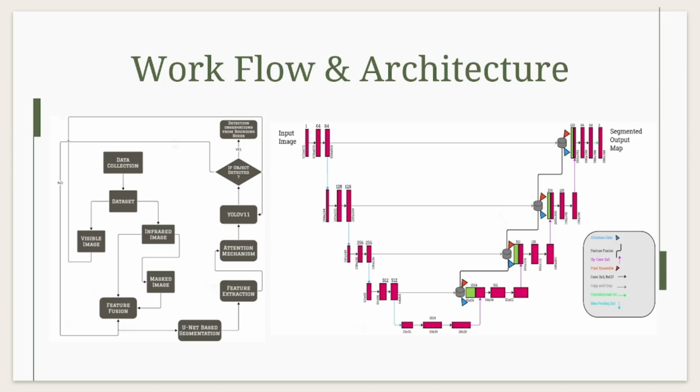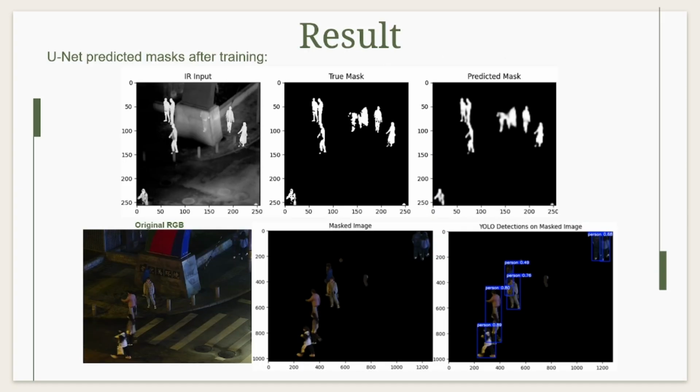And an infrared image is something like a thermal image, which only portrays a white and black image from the computer vision, which looks something like this IR input.